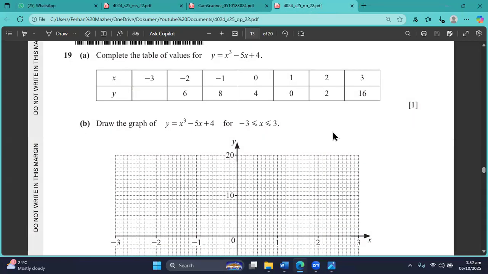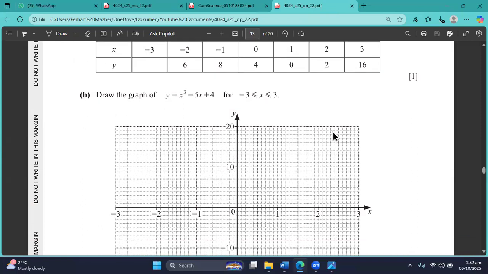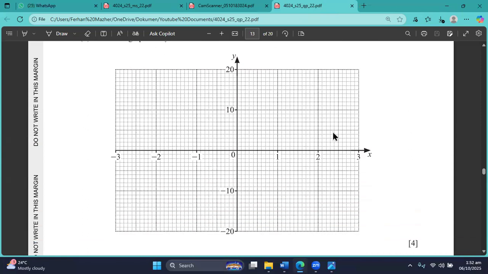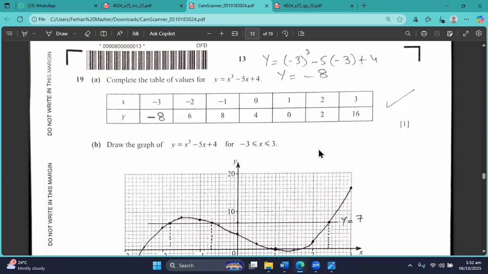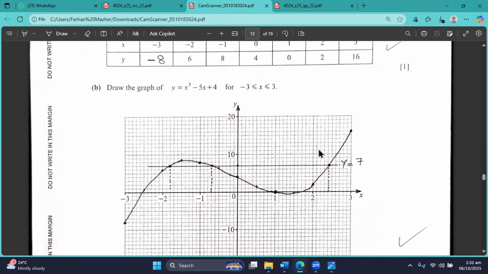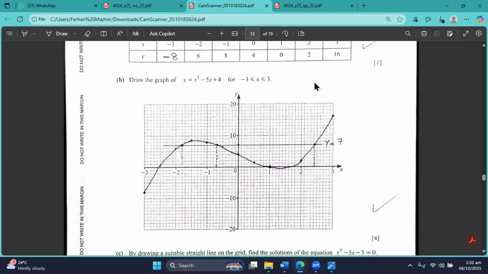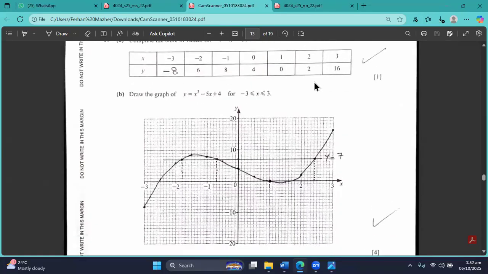Then he says, draw the graph. We have to draw the graph. That table we already know. We just plot those points here and we will see what we get. Let me reduce the size so you can see the table and the graph together. This is the x value, this is the y value.